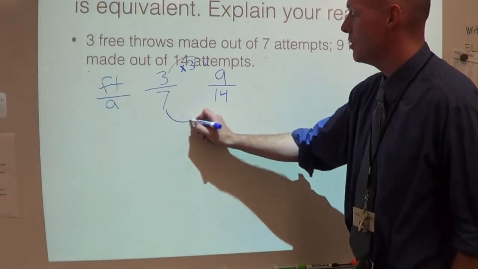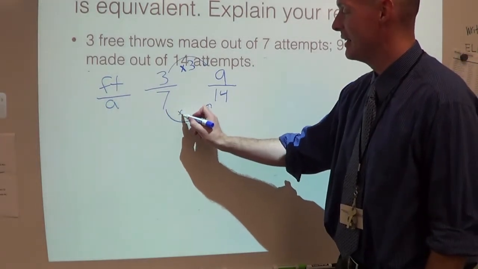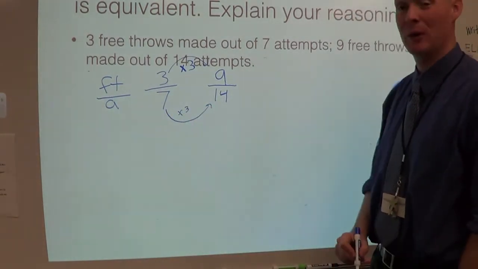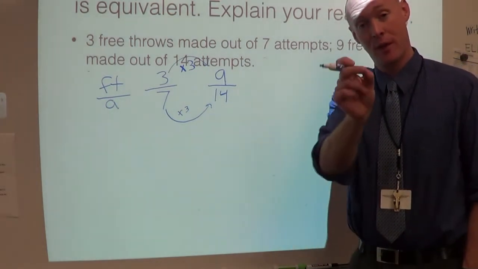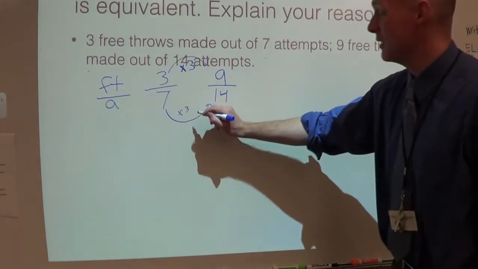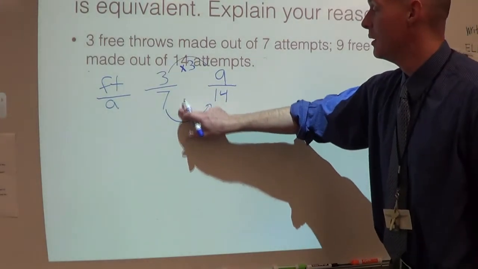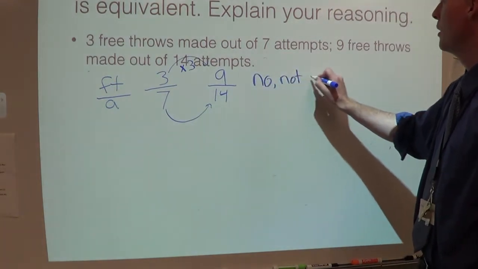But remember, what we do to the top, we have to do to the bottom. So, does 7 times 3 equal 14? No, it does not. So therefore, are these equivalent? The answer is no. Not equivalent.